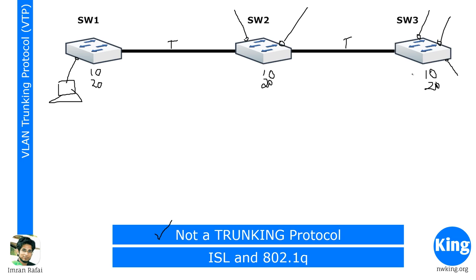So Cisco said, you know what, we're going to give you an automatic way of doing it, which they call the VLAN Trunking Protocol. When you create a new VLAN, let's say VLAN 30, this gets automatically replicated. It says, okay, add VLAN 30 because I just created VLAN 30.